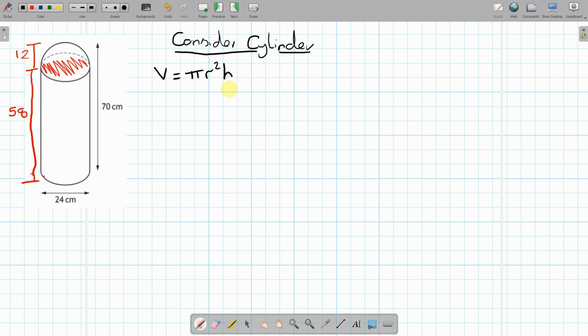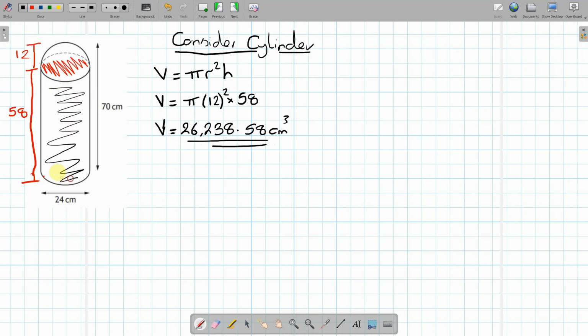And that's the height that we have to use in this formula. So V is pi, the radius is going to be 12 squared times by 58. And if we put that into the calculator, that will give us a value of 26,238.58 centimeters cubed. So that's us now found the volume of the cylinder, which is all of this here.